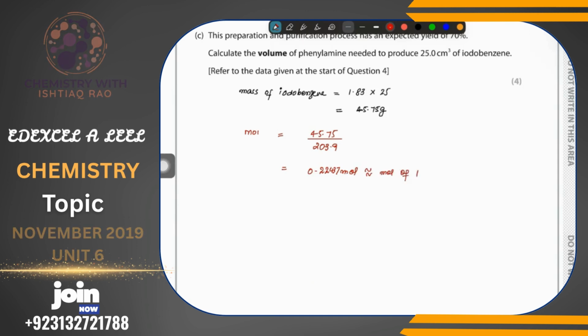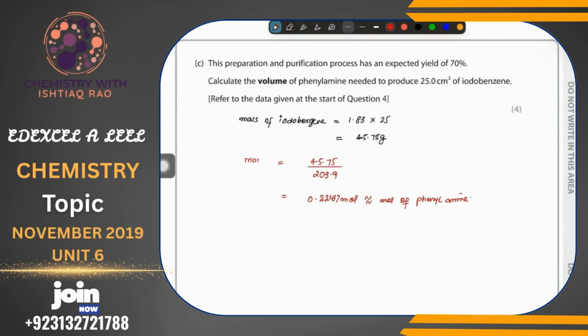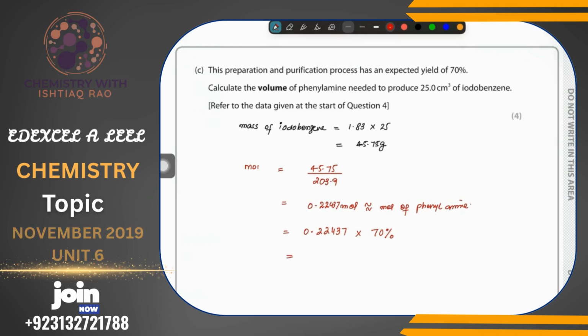No, 70% of something gives 0.22437. They have given you the percentage. So we have to find out the moles of phenylamine, because phenylamine is the reactant and iodobenzene is the product.